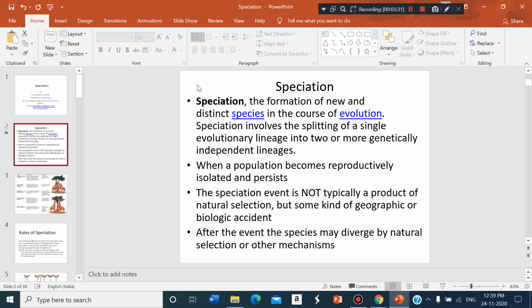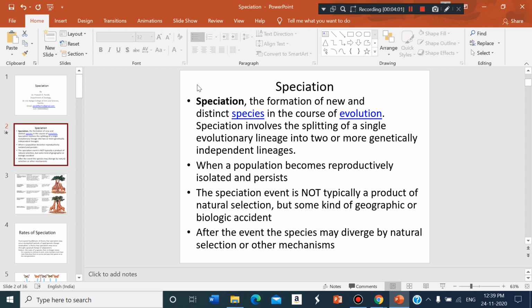Two clusters of the same native or original population should split, and both of them should become reproductively isolated from each other, and such isolation should continue in the future also.